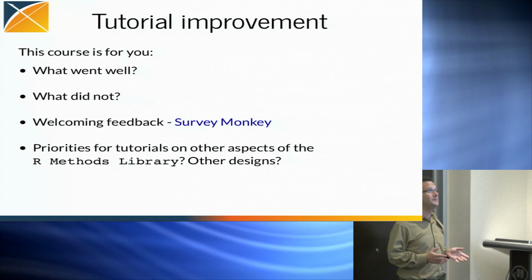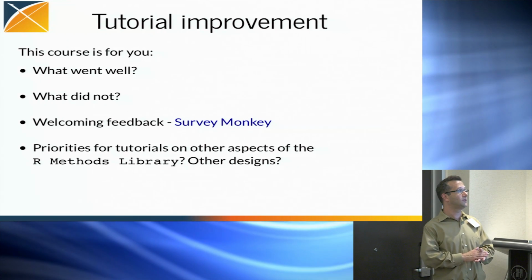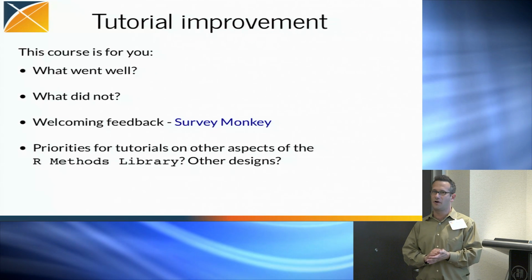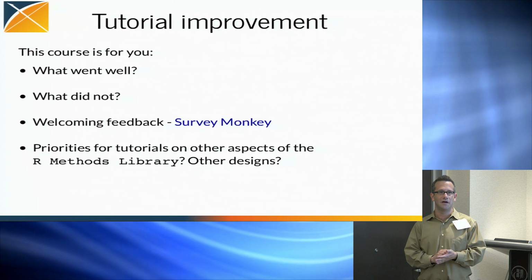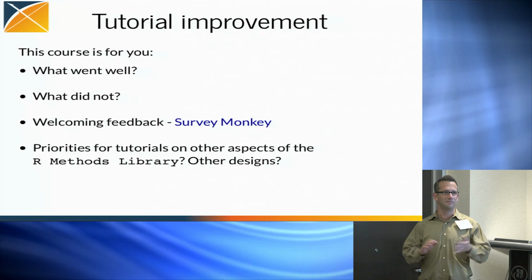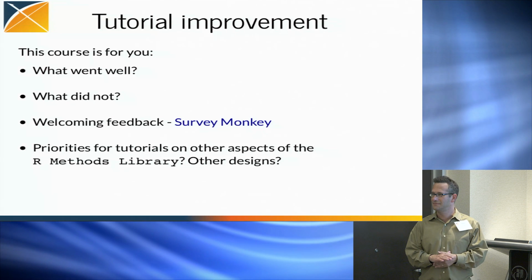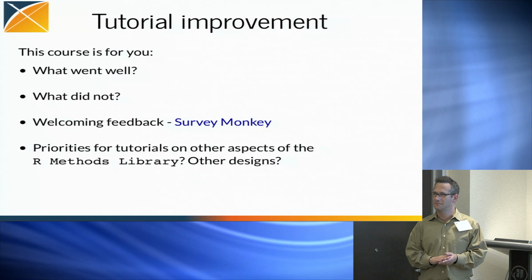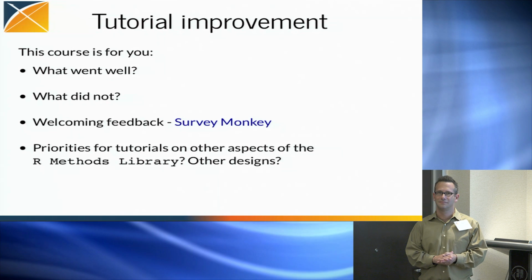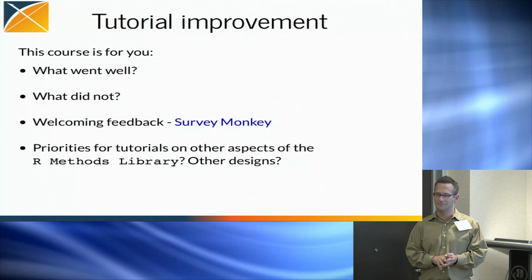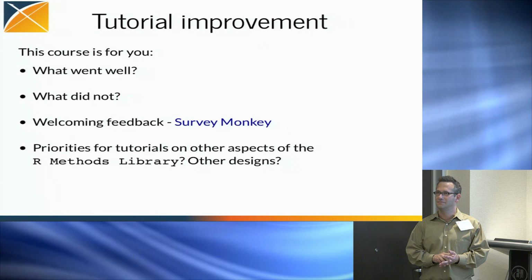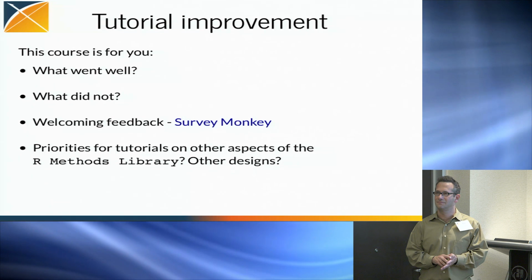Also, I'm interested a little bit in priorities for tutorials for other aspects of the methods library. Are there other designs that people are dying to learn about? There was this one point where Patrick, you were commenting on your 2013 article, and you were saying, well, cohort method has this disadvantage of always having a comparator.